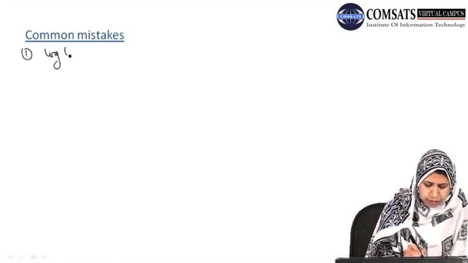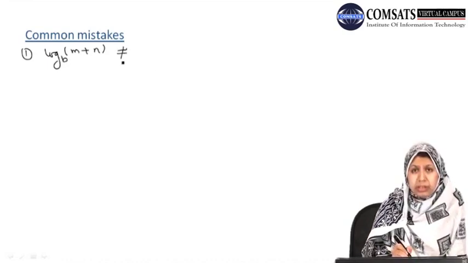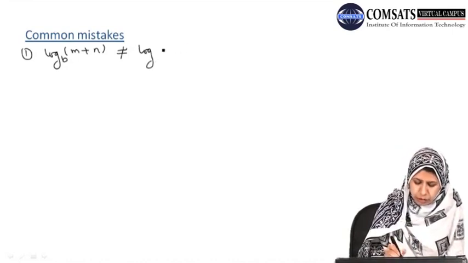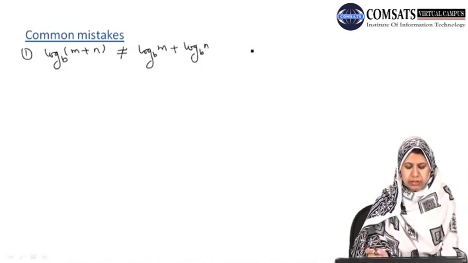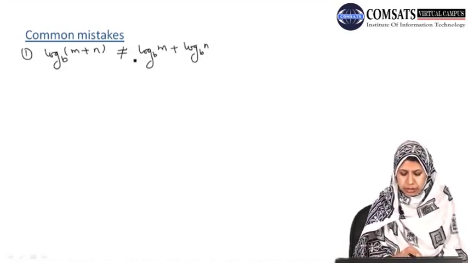log of the sum m plus n to the base b, then sometimes we write it as the sum of the logs, that is, log of m to the base b plus log of n to the base b. Okay, if we ignore this sign in between, what do we see?